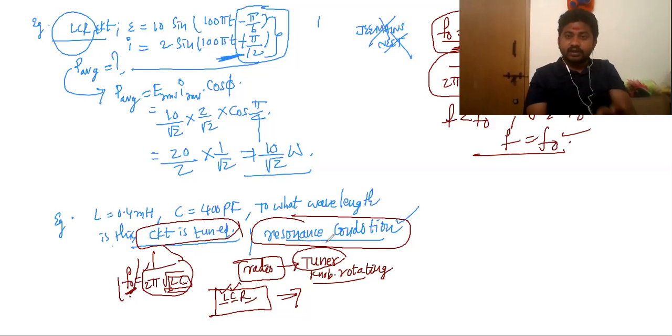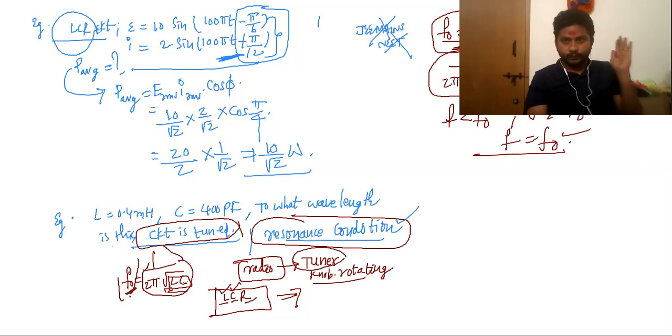The government of India gives different frequencies for different channels. When you are tuning, as L and C values change inside the radio, you get one frequency. When that frequency matches the channel frequency, you get the clarity and clear audio of the channel.